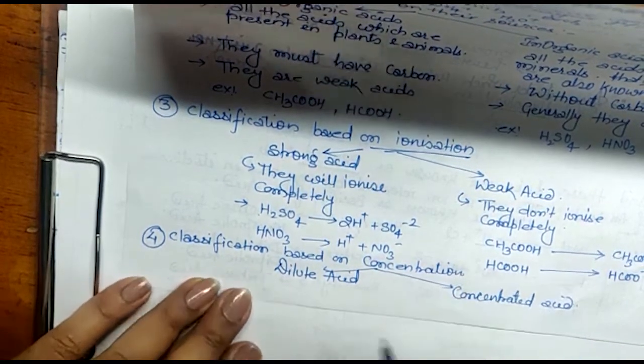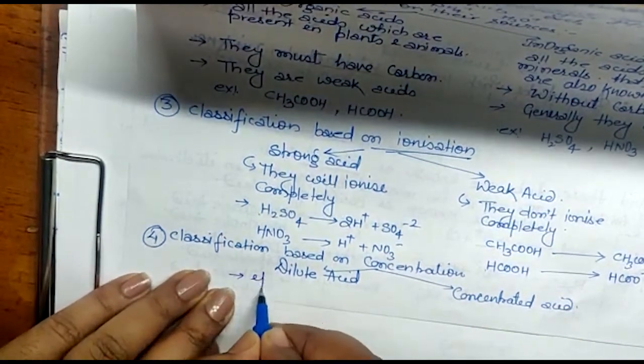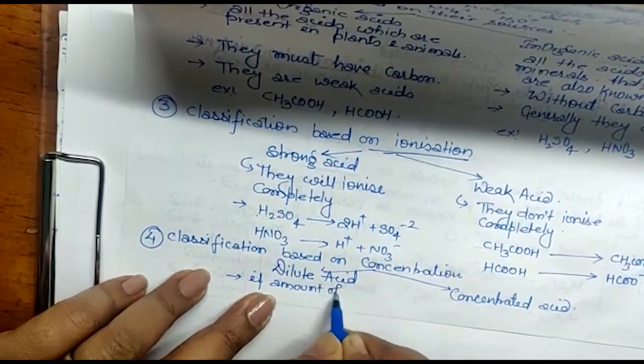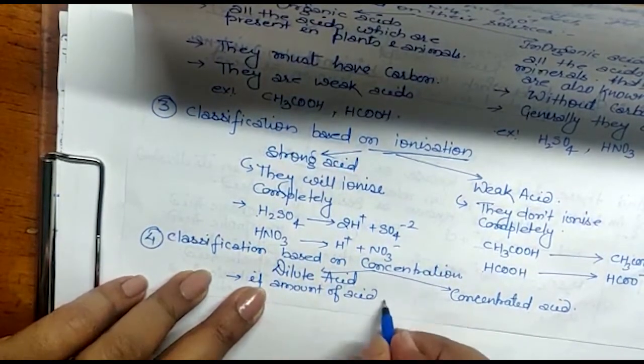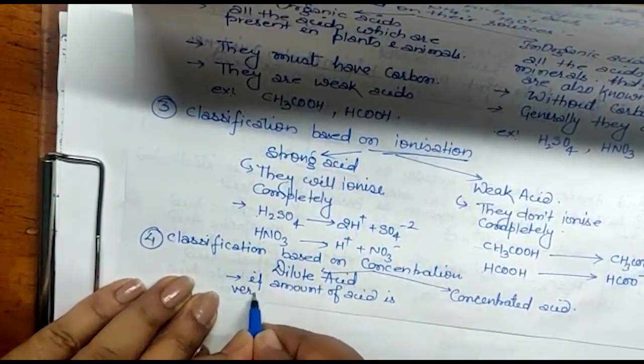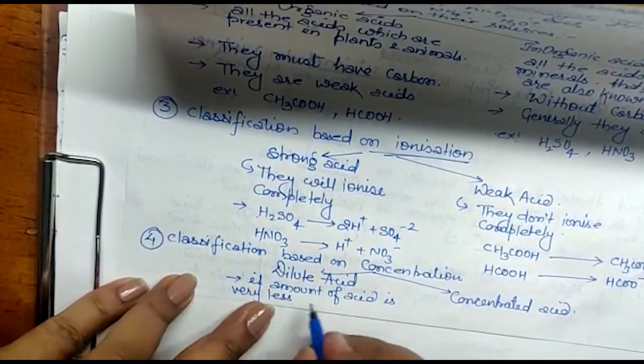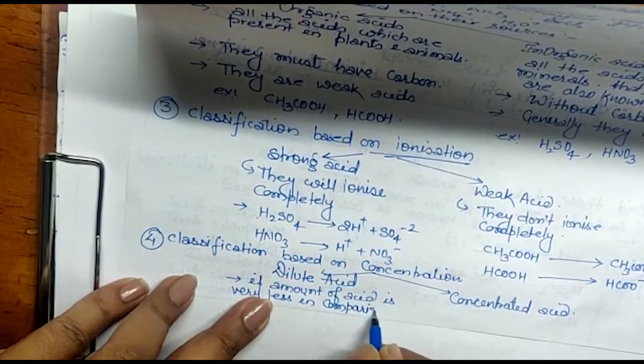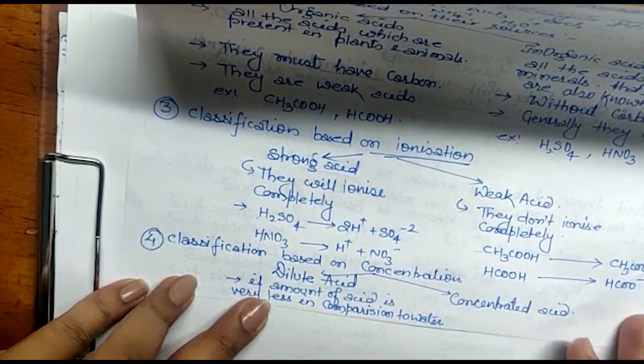Got it? So we can write: if the amount of acid is very less in comparison to water, then it is called dilute acid.